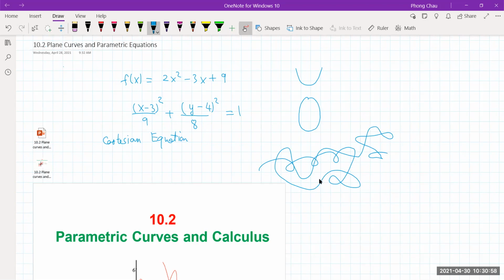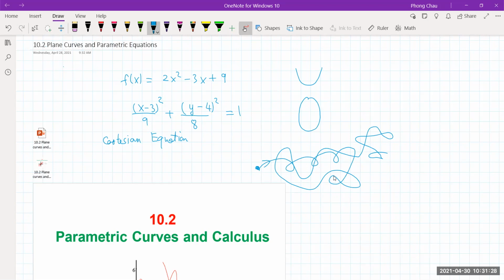And second, when we want to describe the graph not as a static graph but as a motion, let's say we start here at the beginning point, and then it moves in these directions.